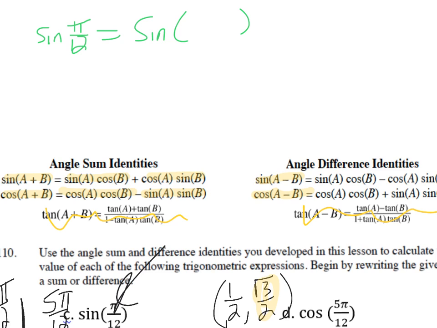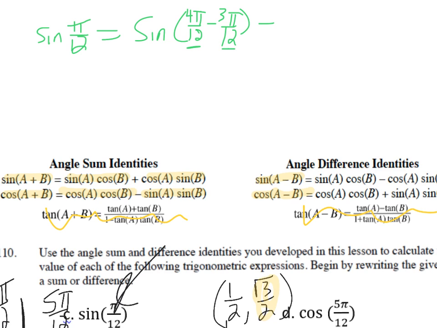Since it's 12, let's go with something in terms of thirds and fourths. So if I take 4 pi over 12 and subtract from it 3 pi over 12, that's going to give me pi over 12.